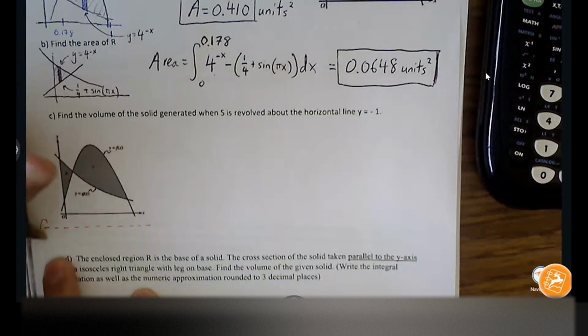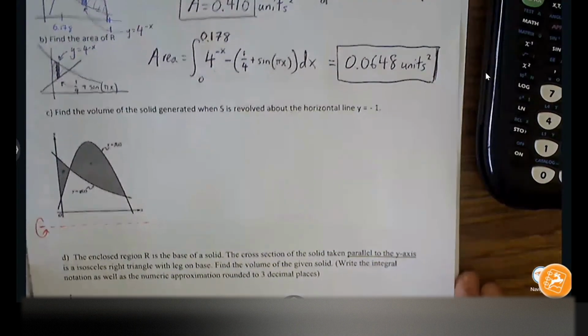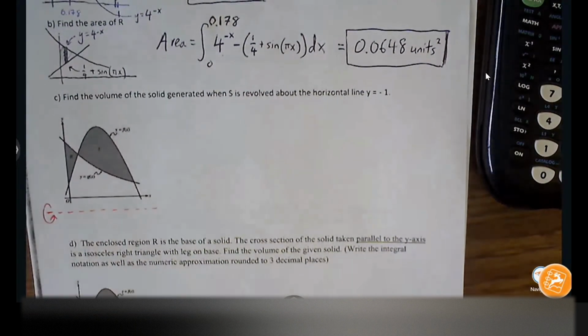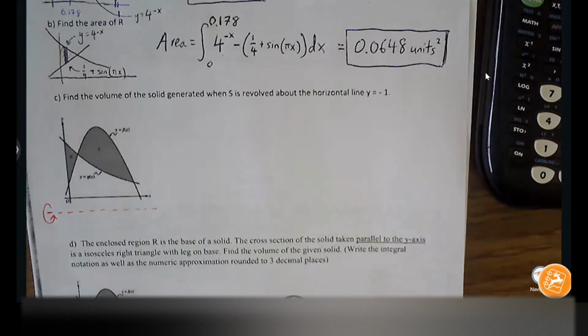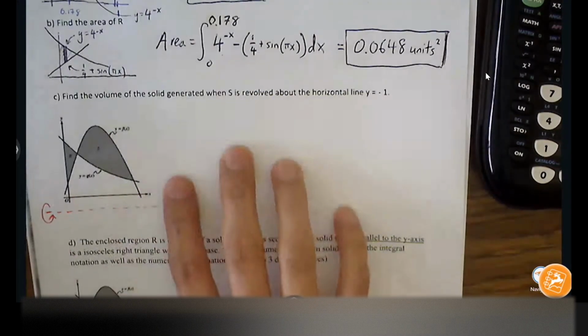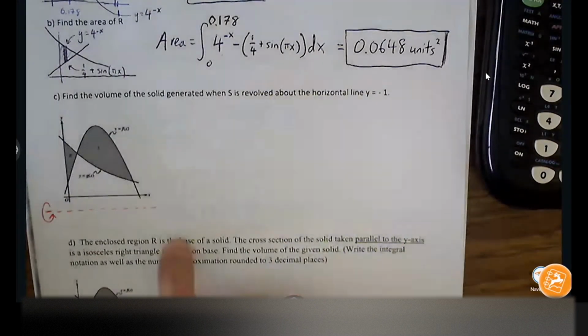All right, so now we're rotating. Because of rotation, we have to decide whether this is the disk or washer method. So what do you guys think? Is it washer method? Yeah, washer method, right? There's no flat surface it's up against. We have all that gap with our shaded region.